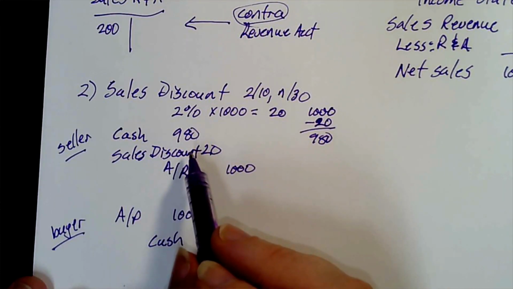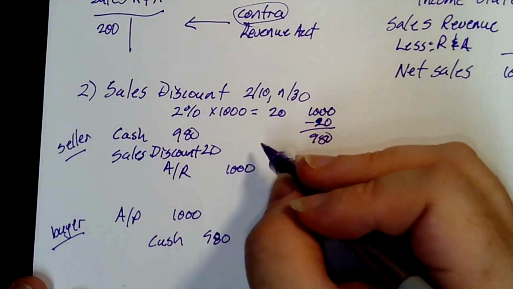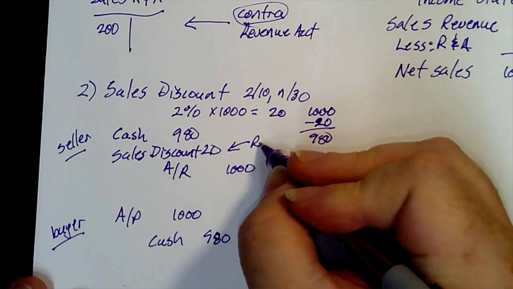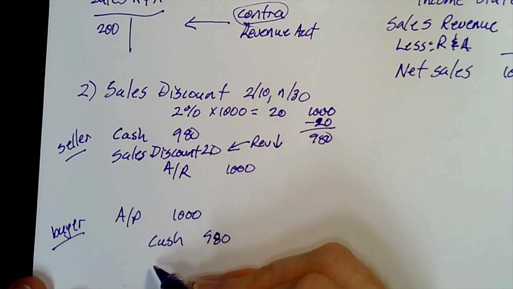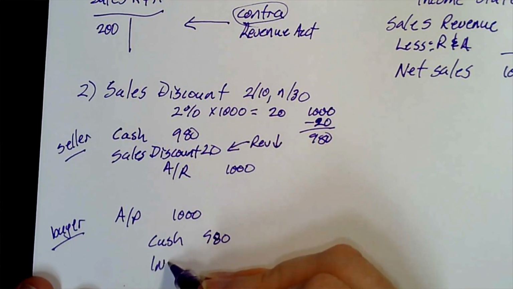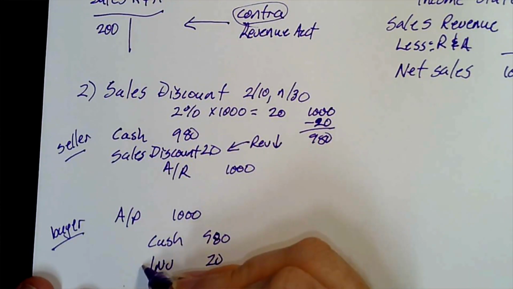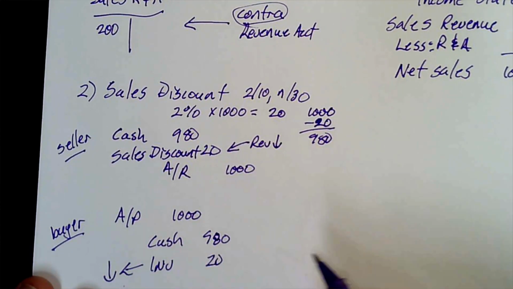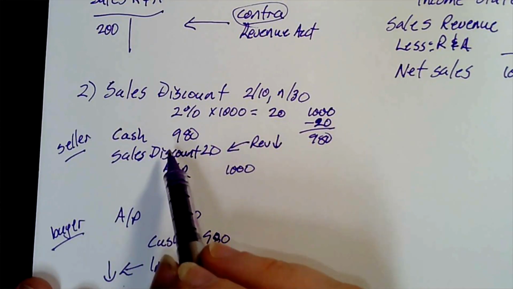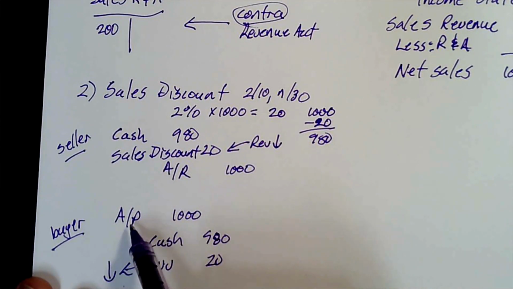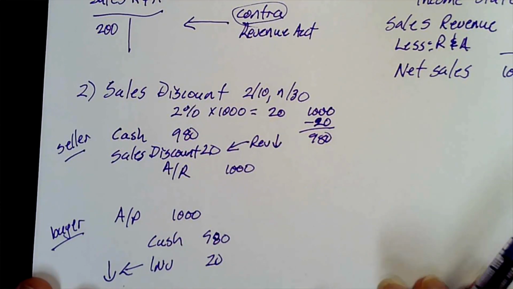Here, the seller offset their revenue, right? The revenue went down. And the buyer reduced their inventory. Their inventory went down. So notice that the buyer and the seller, AP and AR match, the cash matches, but the other thing is a little different between the two.